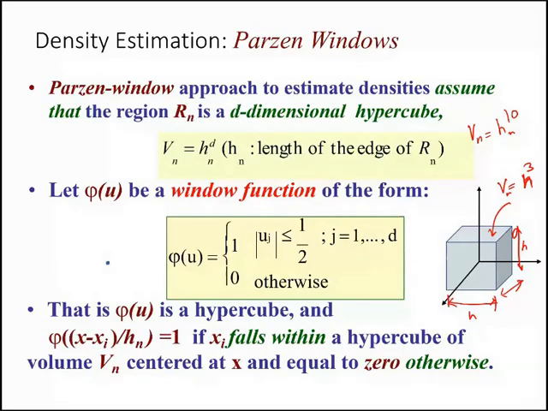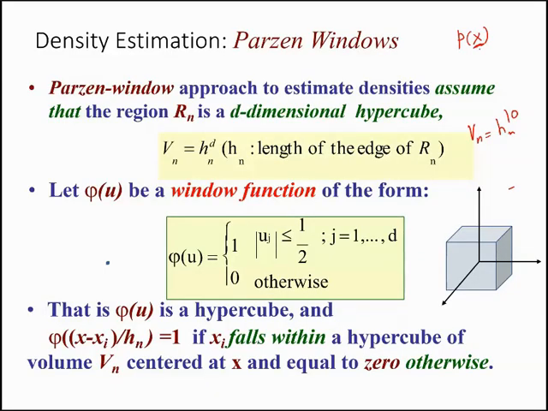Instead of dividing the scale into a number of bins, we take only one bin like this. This is my bin. Now what we are going to do is center this bin around the point of interest. So suppose I want to find out this probability at the point x.